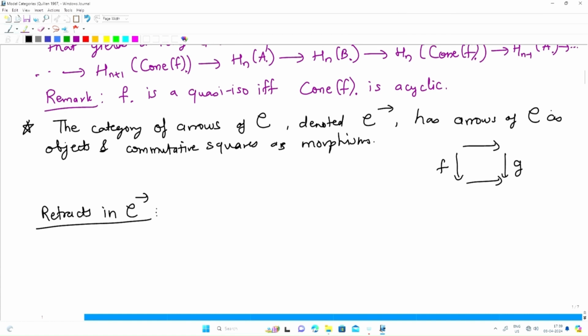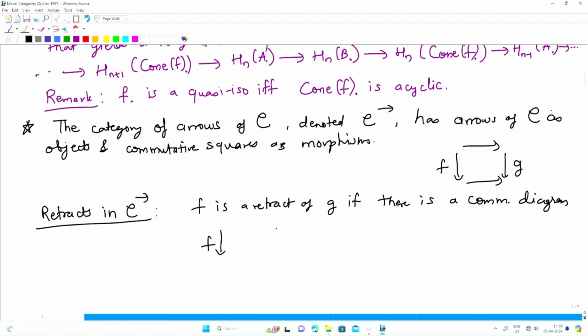So F is a retract of G if there is a commutative diagram, okay, so this is F, this is G, this is F, so there are some arrows here such that this composition is identity and this composition is identity.